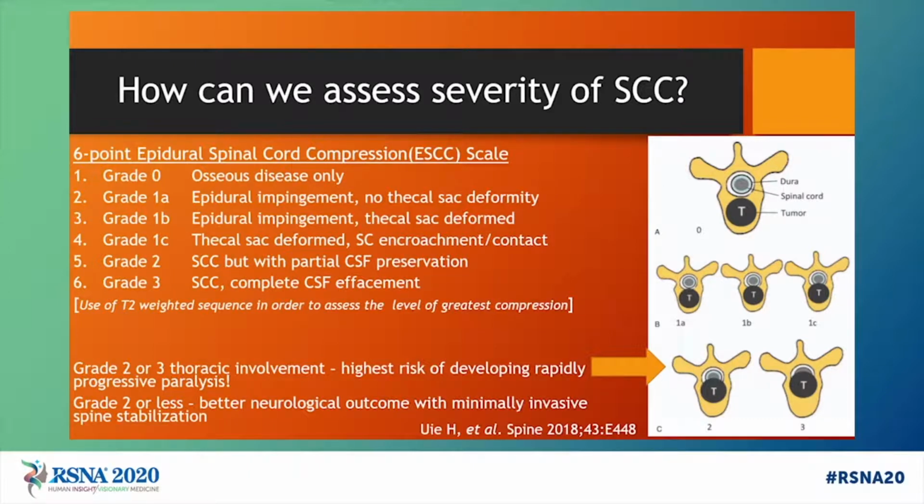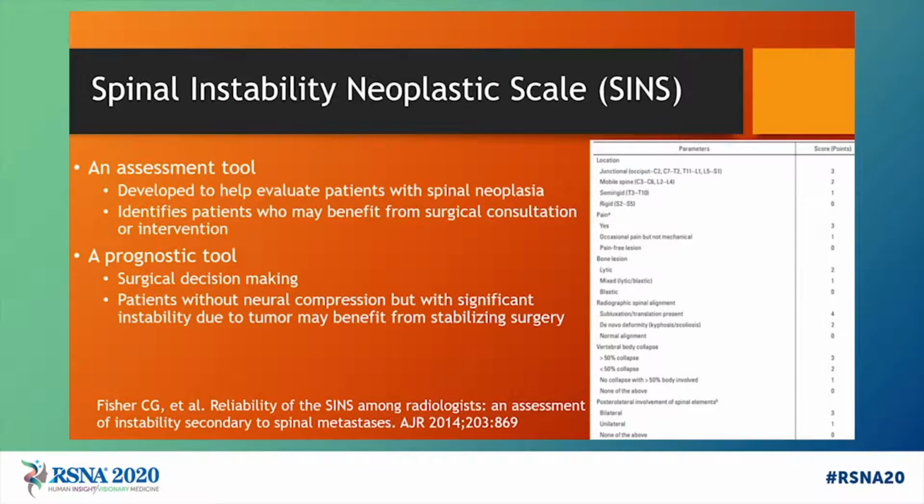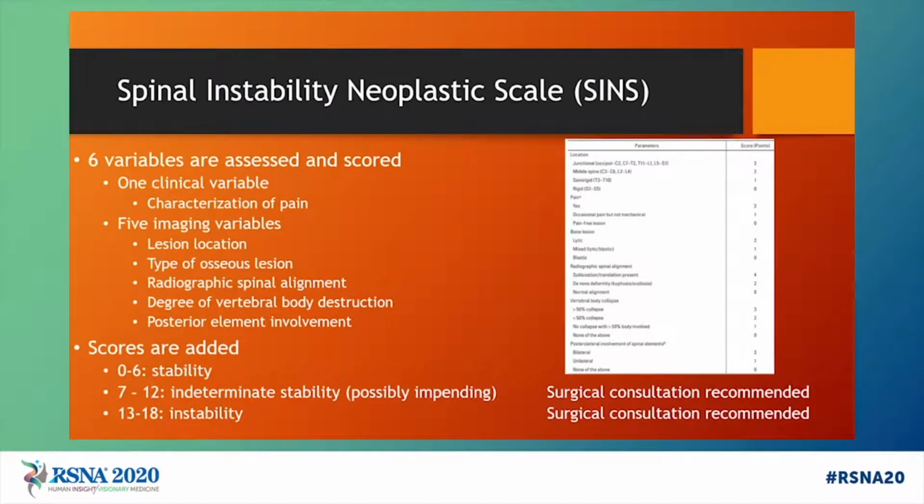The spinal instability neoplastic scale is an assessment tool that has been developed to help evaluate patients with spinal neoplasia. It's also a prognostic tool and assists in surgical decision making. And so, with this scale, 6 variables are assessed and scored. One is clinical, and that is a characterization of pain, and the other 5 are imaging-related variables.